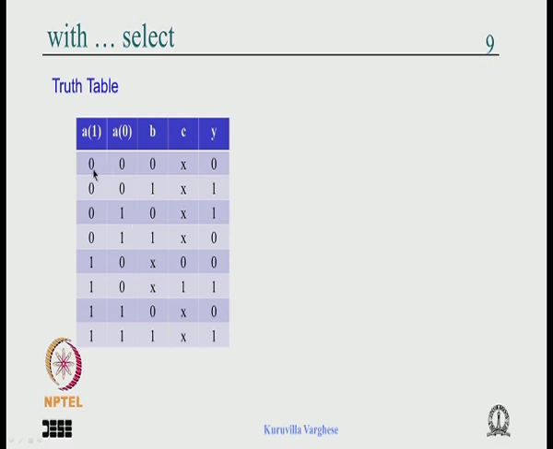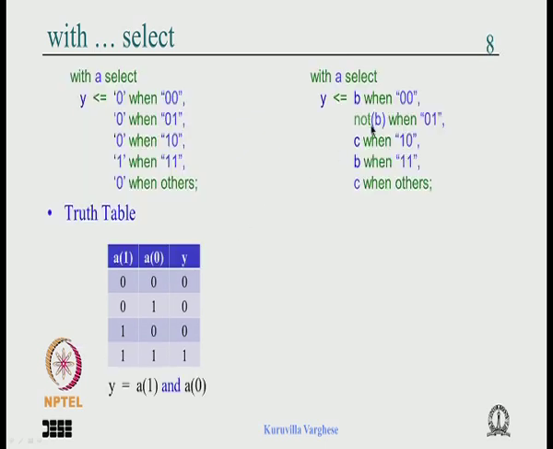So you see, when A is 0 0, then Y is B. Y is 0 when B is 0, Y is 1 when B is 1, and so on, and the C's are don't care. So this expands into multiple rows of the truth table, each one expanding into 2 rows.